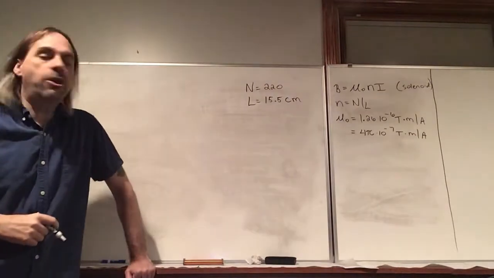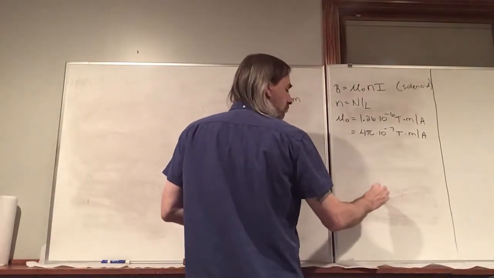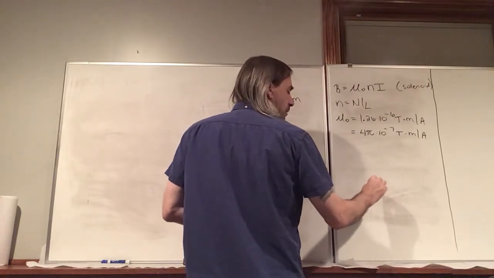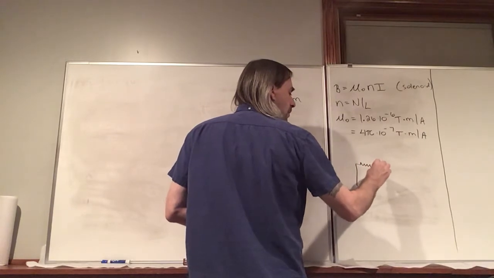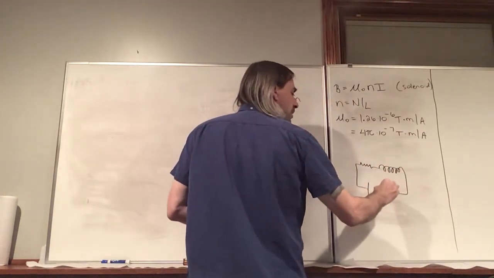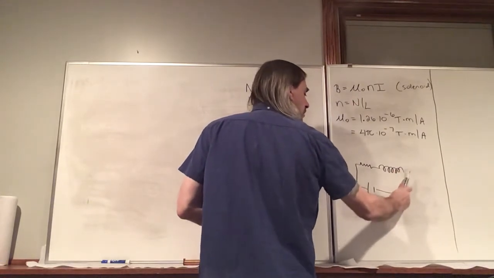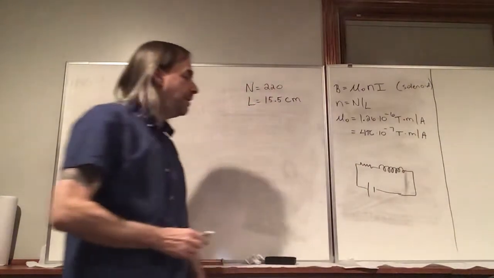And then we need to know the current. So let's say we hook this up. Say we have a 12-volt battery. So we have something that looks like this. Here's our solenoid.